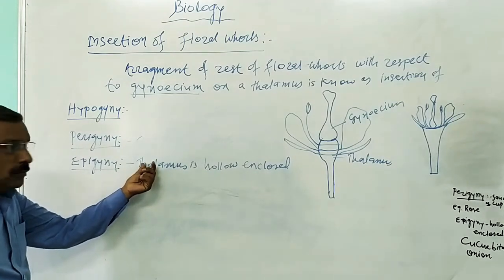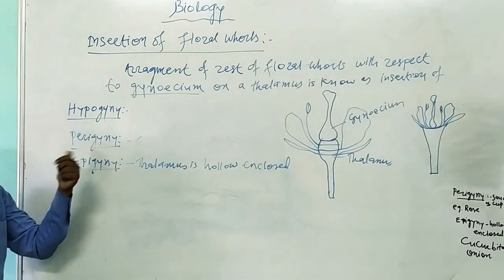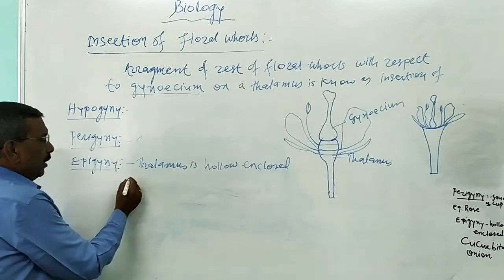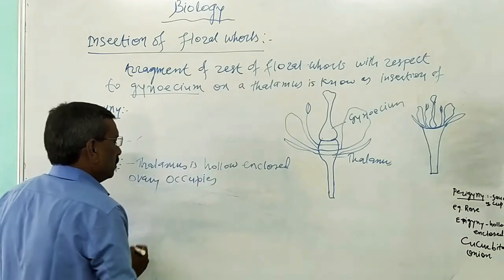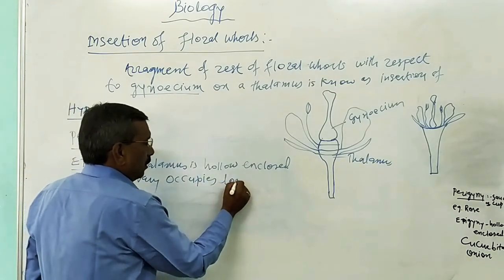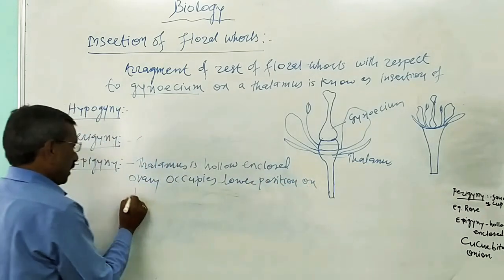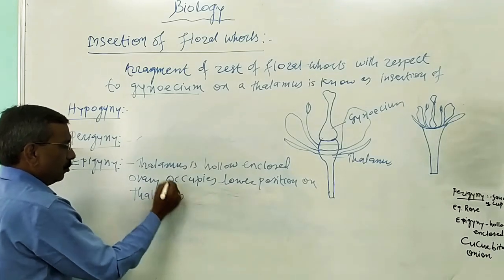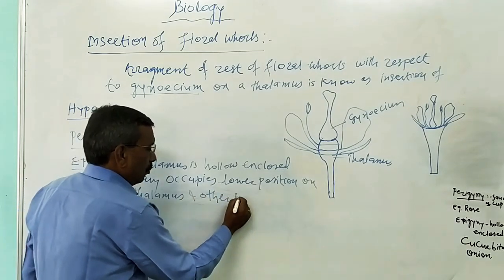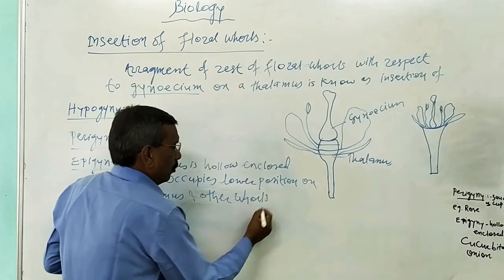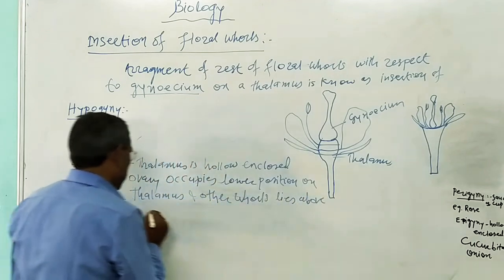This is the shape of the thalamus, which is hollow and enclosed in case of an epigynous flower. In case of an epigynous flower, the ovary occupies the lower position on the thalamus, and the other whorls lie above the ovary.